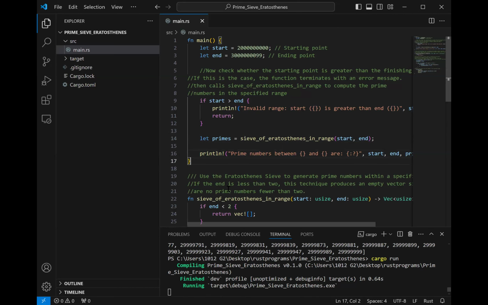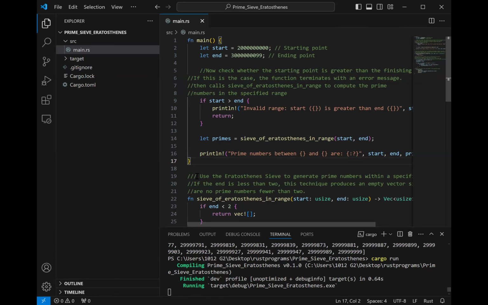Now, what I've said is that at the beginning, it comes up with a vector. That vector's role is to go through, beginning from 2, which is the smallest prime number. 2 will be assigned true, because it's a prime number.